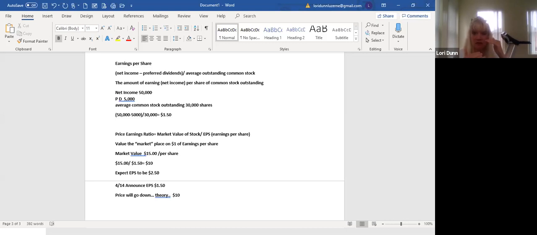Now, if it decreased by 50 cents, it should go down $5. But it gives us an indicator of the value placed on that earnings per share amount from our company and how our stock price will be affected. And investors know that too from this computation.